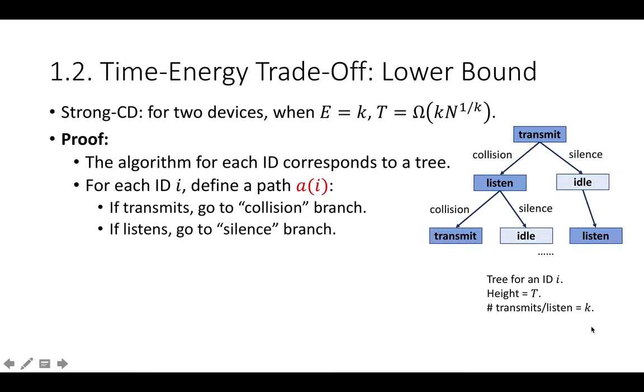For each ID, we can define a path A_I on the tree, such that if the action is transmit, then we go to the collision branch, and if the action is listen, then we go to the silence branch.